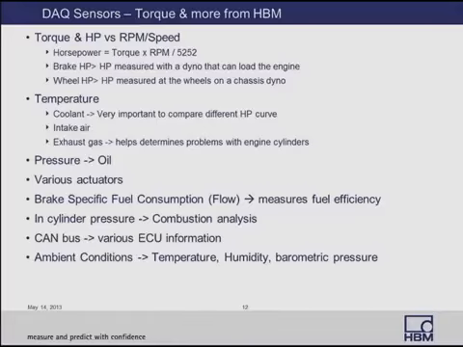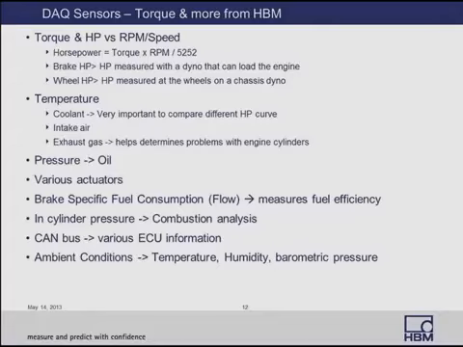The other type of sensors that are very important and need to be monitored in such measurements are, of course, temperature, which is vital to this power curve measurement. This temperature may include the coolant temperature, intake air temperature, and exhaust gas temperature. In addition, there are other measurements like pressure, the oil pressure, and various actuators. If you care about fuel efficiency, you would be doing the fuel consumption measurement.